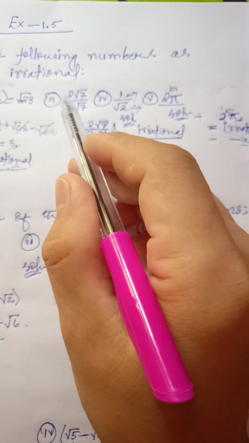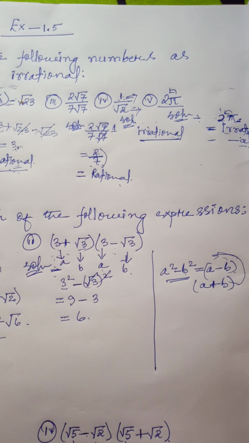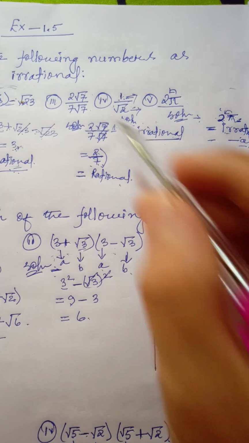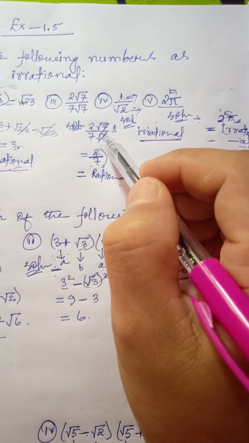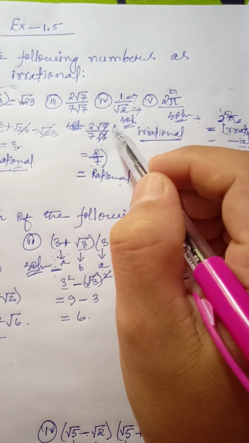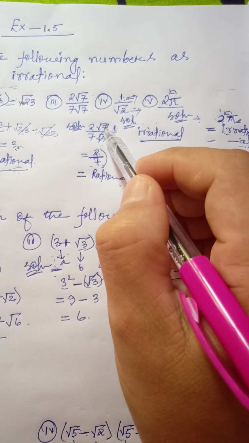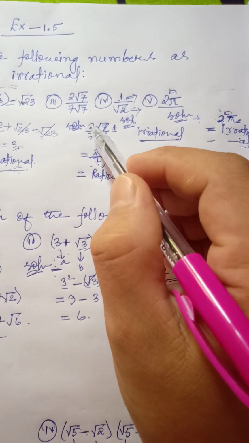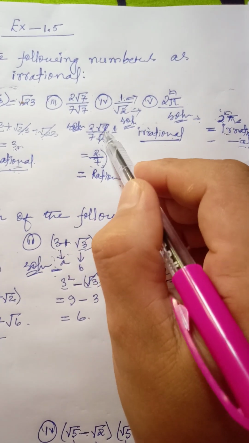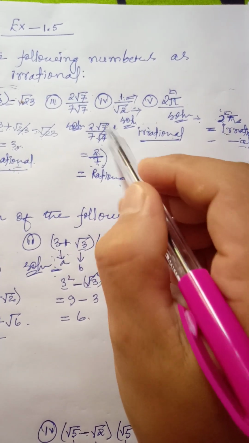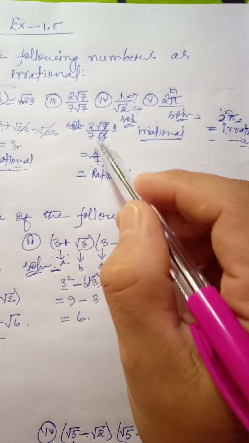Then let us move to Roman number 3. In Roman number 3 we have 2 root 7 divided by 7 root 7. If we divide root 7 by root 7, we get 1, so we can cancel this. After reducing the fraction, 2 times 1 gives you 2, and 7.